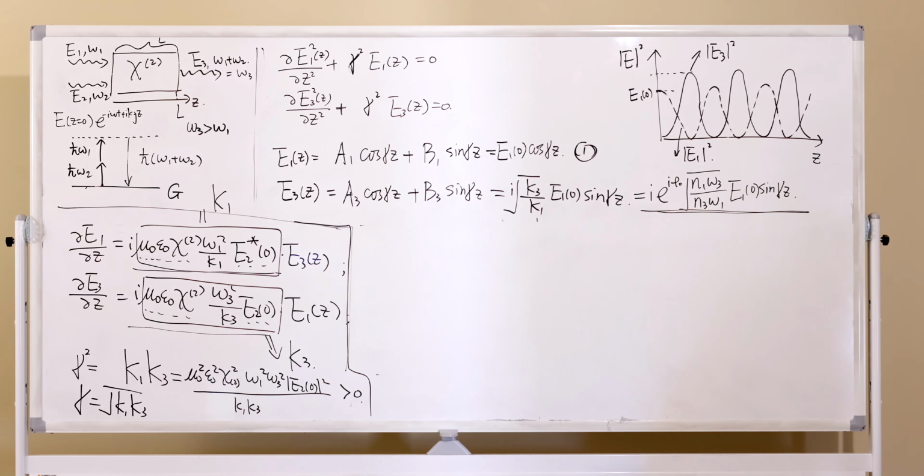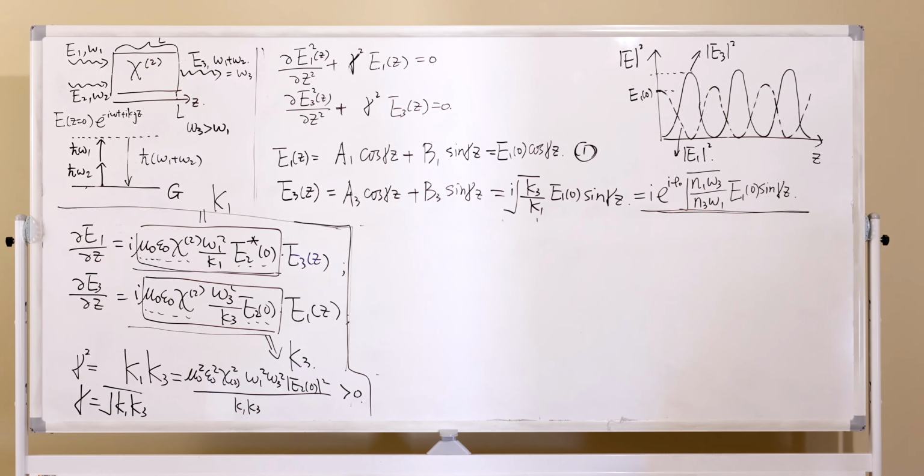So now let's do a quick summary here and see what's missing in sum frequency generation and also in harmonic generation. In harmonic generation, what's missing is the flexibility of determining the output frequency.